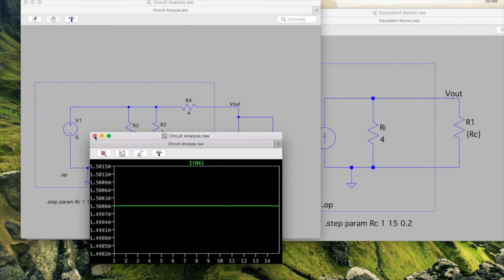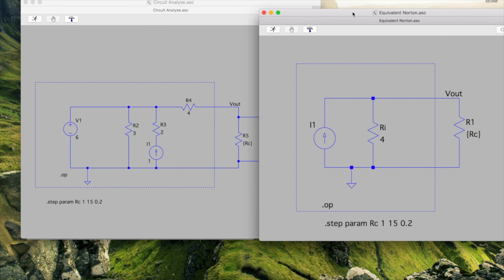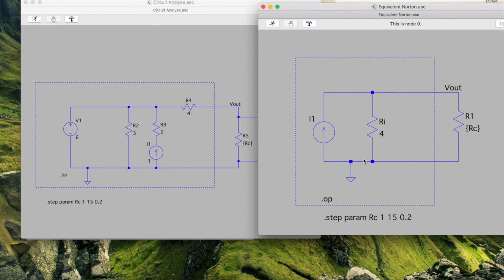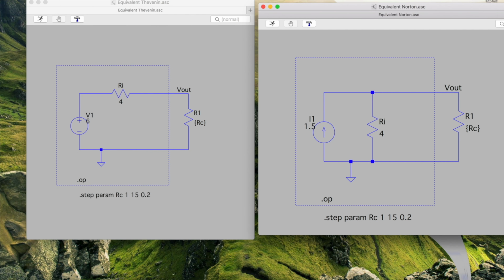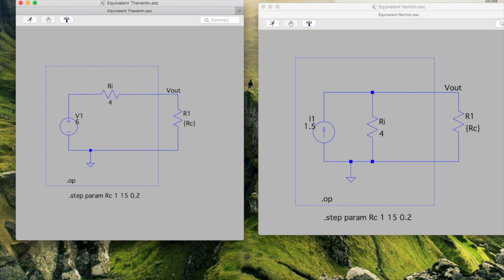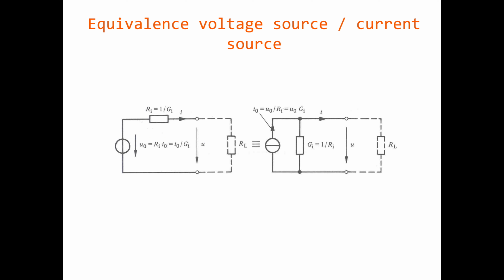So, we have the equivalent circuit of Norton with the Norton or Thevenin resistance, which is 4 ohms, that we have measured before, and here, the current source of 1.5 amperes. I take this opportunity to come back to the equivalence between our voltage source and our real current source. You saw in class that it was possible to obtain the equivalent circuit of Norton from that of Thevenin.